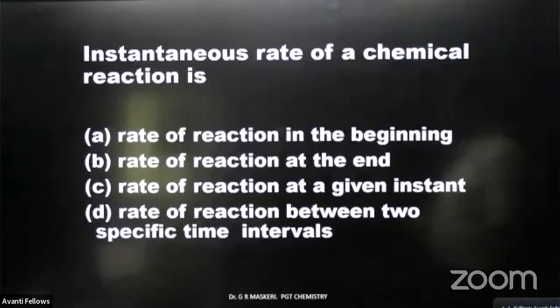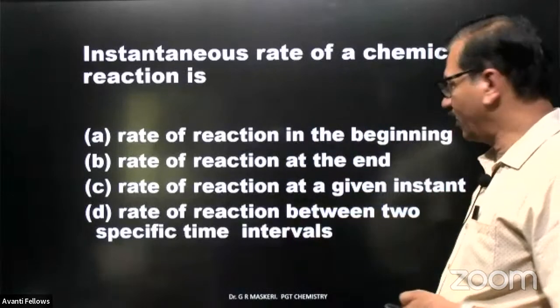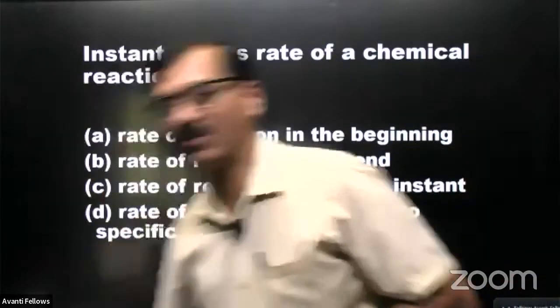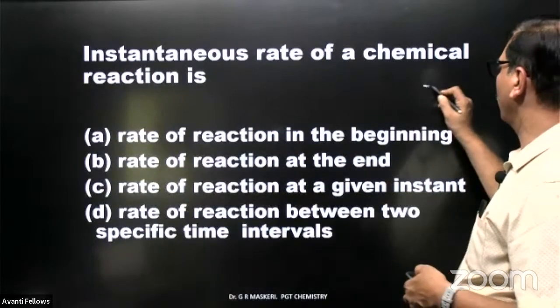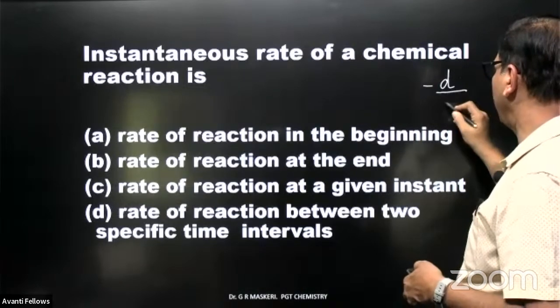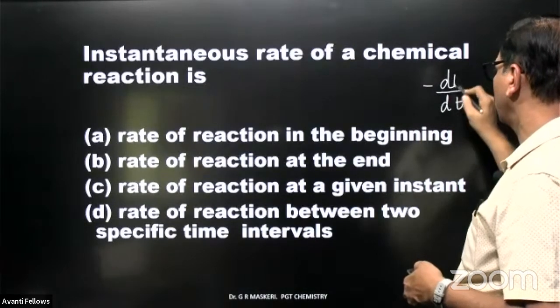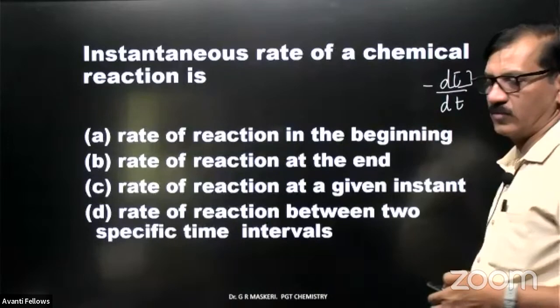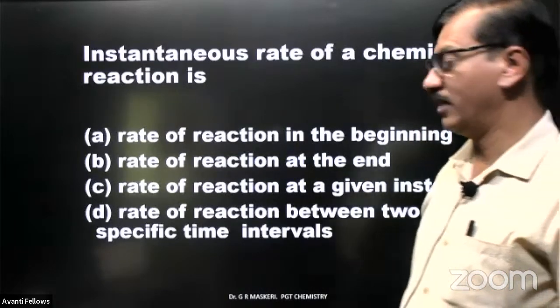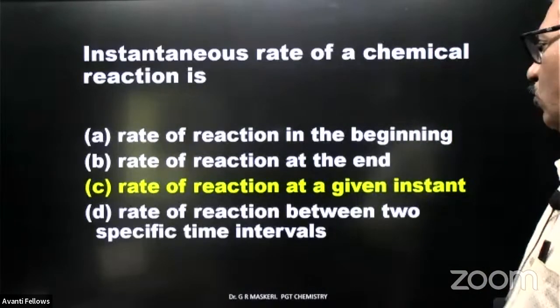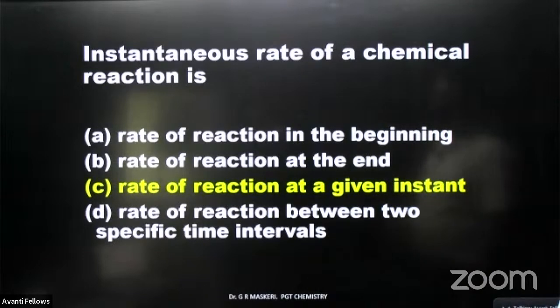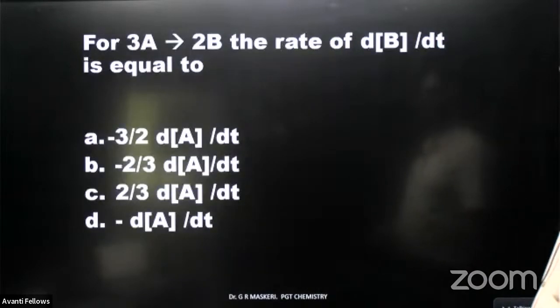Option C. It is the rate at a given instant, given moment, denoted as d by dt, the change of concentration versus time. So this is the rate of reaction at a given instant.